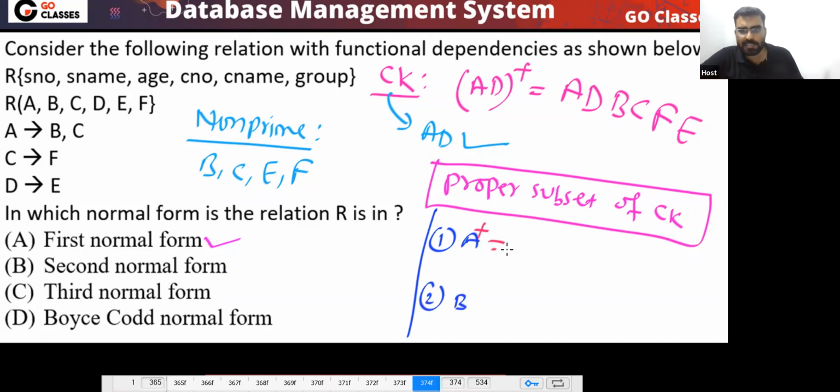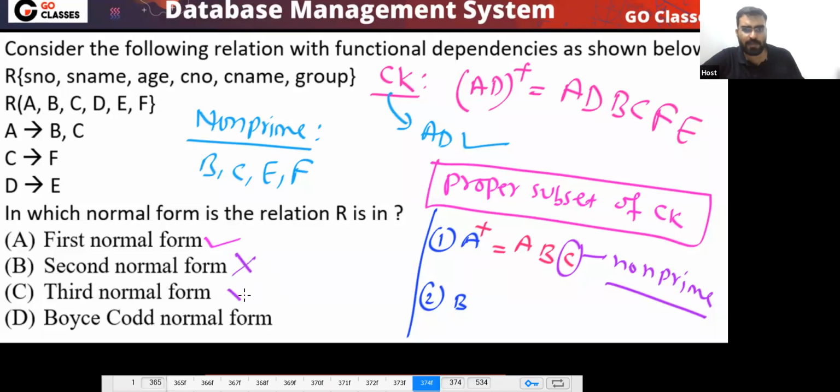So tell me, what is A plus? Just find out what A plus is. A plus is ABC, and that's it. So you can say non-prime. So here you can stop. This is not in 2NF also. So your answer will be 1NF. Is this clear?